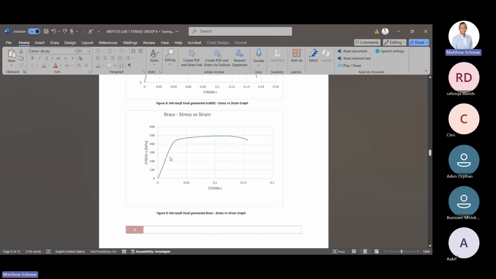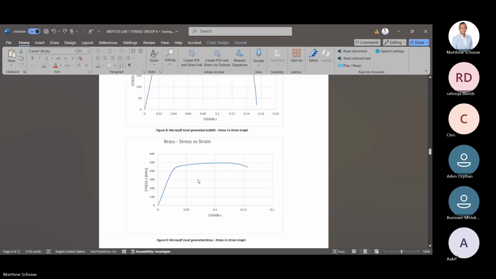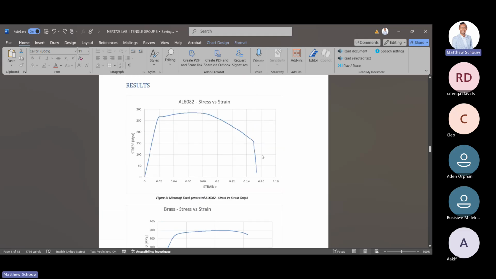Just to recap on this graph while I'm here, if you're looking at the aluminium graph, all specimens behave differently, but it looks the same. This line from here to here is what we call the limit of proportionality, and that's where we find the Young's modulus. Around about this point, once it passes it, it's past the yield, which means it will not go back to its original state.